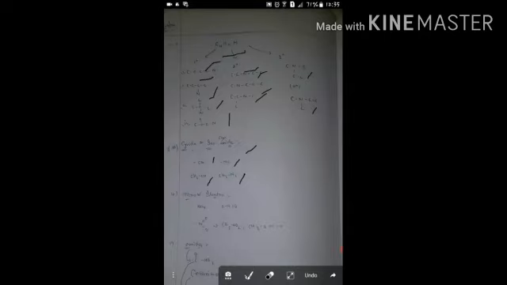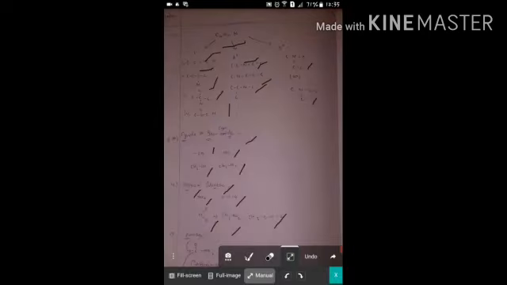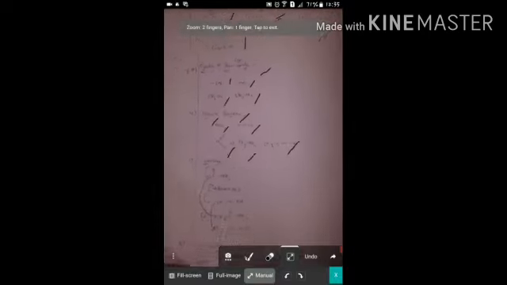The fourth type of functional group is nitro and isonitro. We can write nitro as NO2 and isonitro as O=N-O. We can write nitro like this and also like this. Next one is amides.